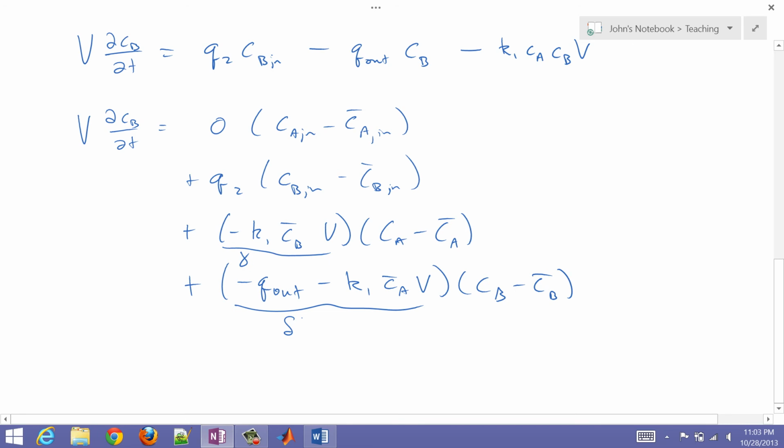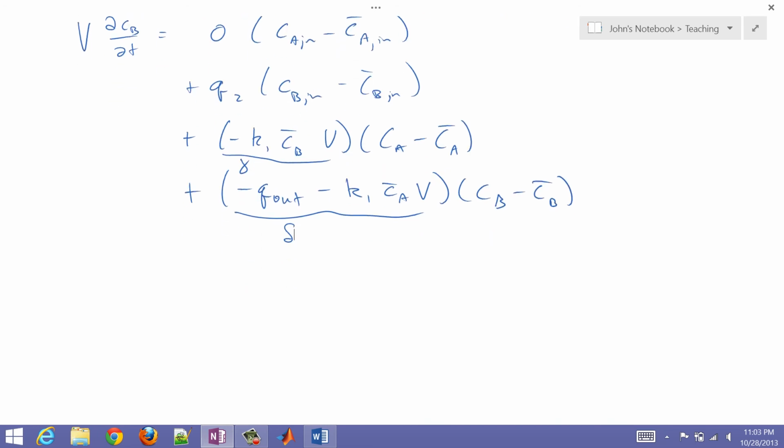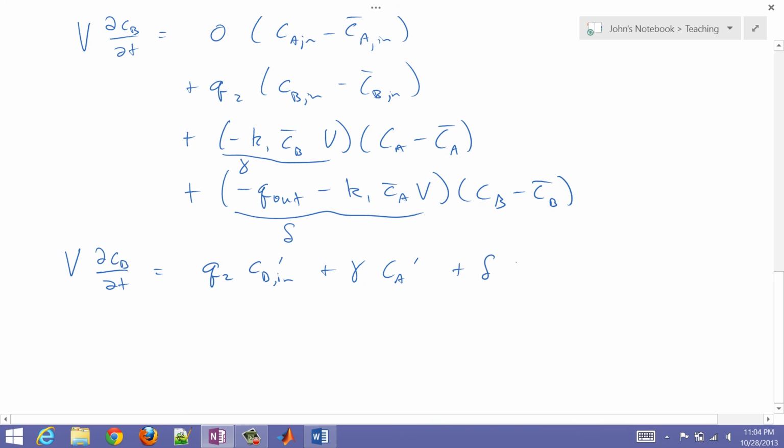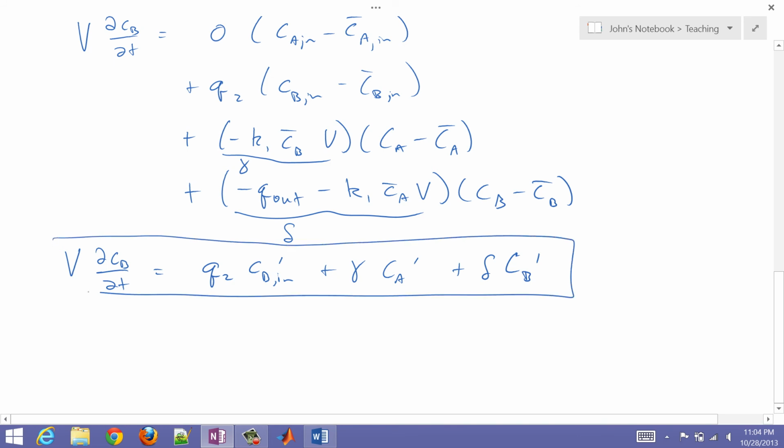So now I have a linearized expression for CB: dCB/dt equals Q2 times CB in prime plus gamma times CA prime plus delta times CB prime. There I have my next one that is linearized.